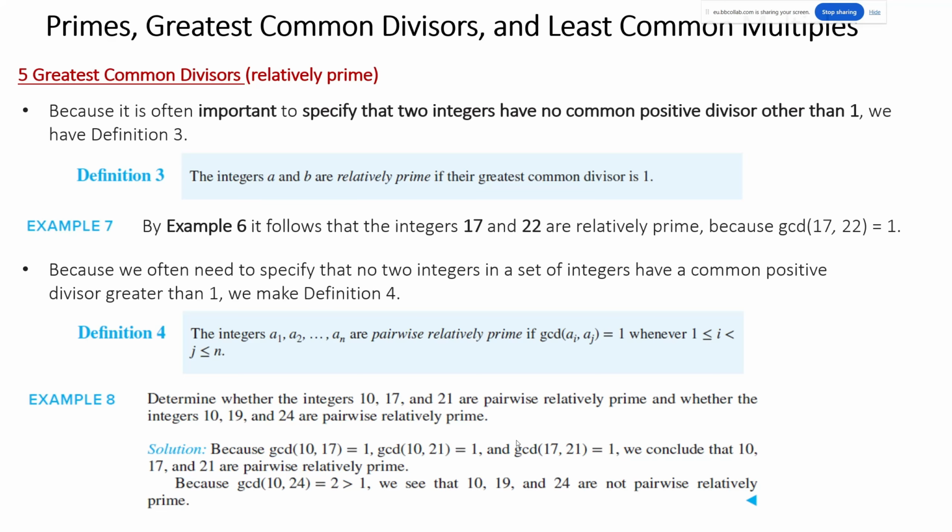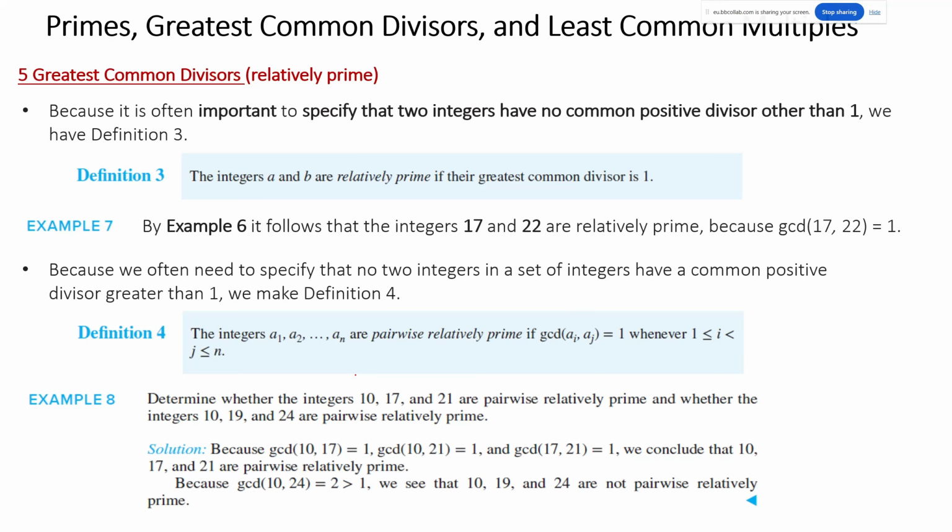All right. So the other method, actually, this is the one that I showed you just in the beginning when I said, okay, let's have the prime divisors and then find them. Because it is often important to specify that two integers have no common positive divisor other than 1, we have definition number 3.